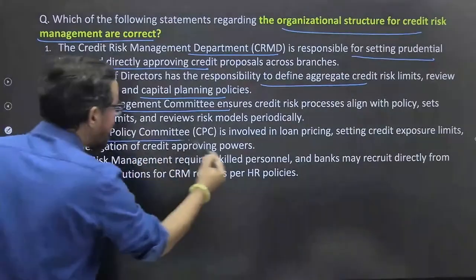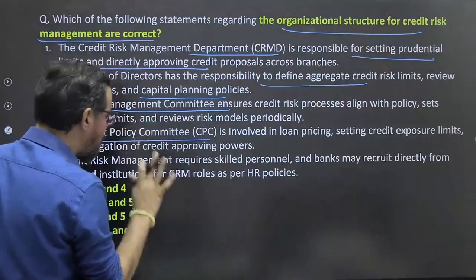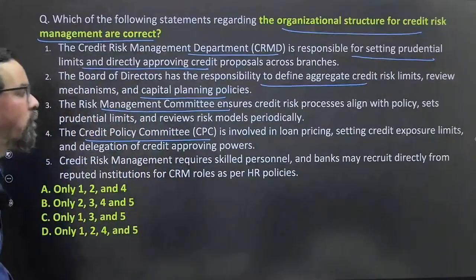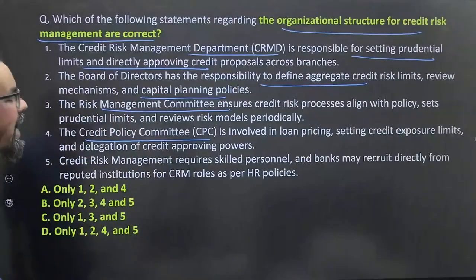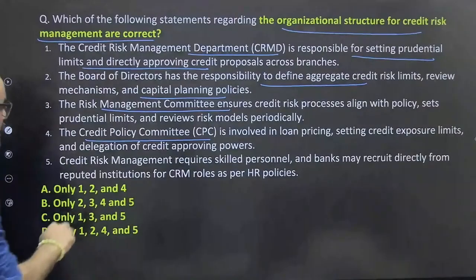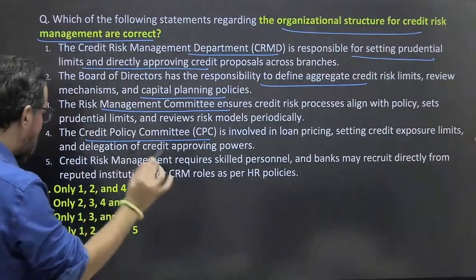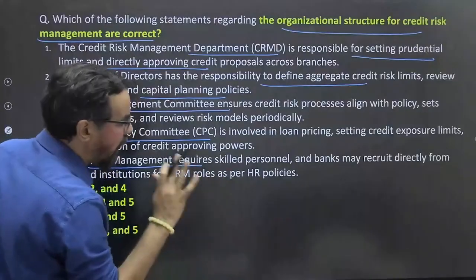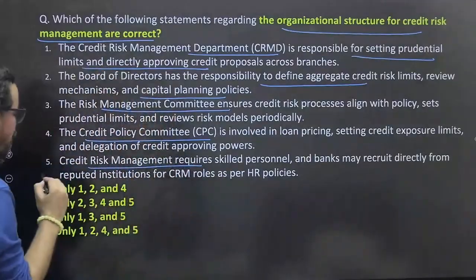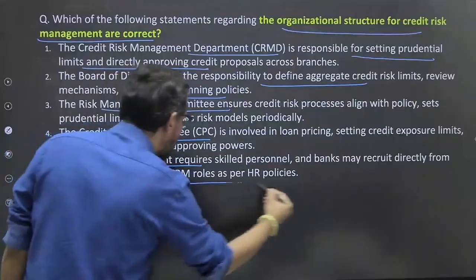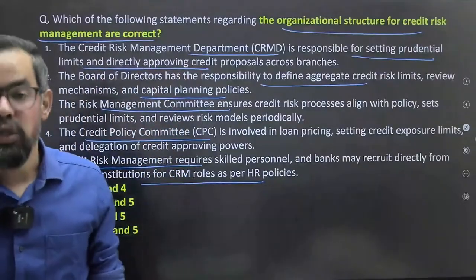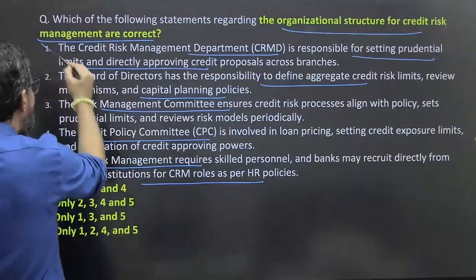The credit policy committee, which is the credit risk management committee, is involved in loan pricing, setting credit exposure limits, and delegation of credit approving powers. Credit management requires skilled personnel, and the bank may recruit directly from reputed institutions for risk management roles as per HR policies. So what will be your correct answer? Only one statement is wrong.